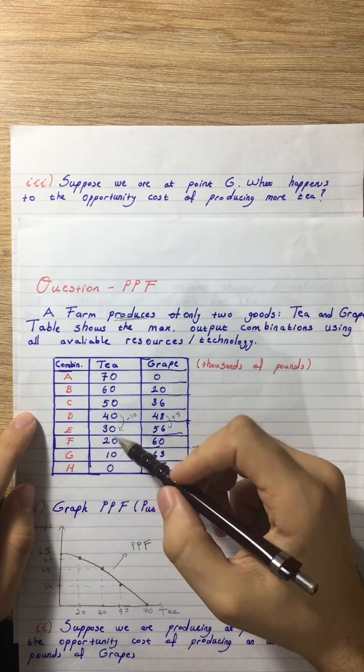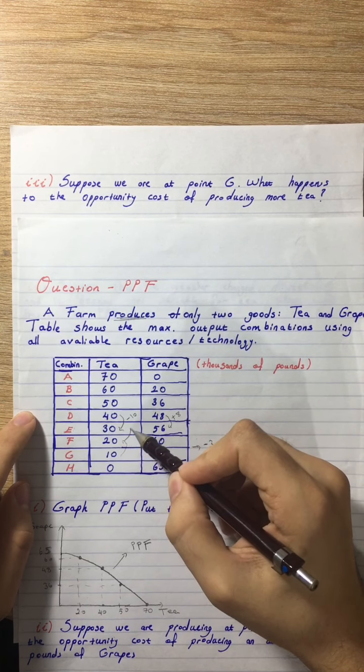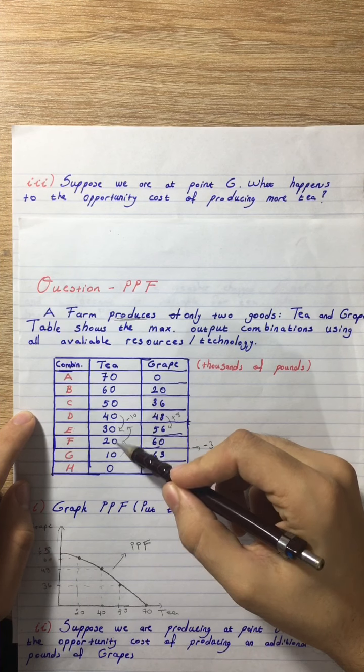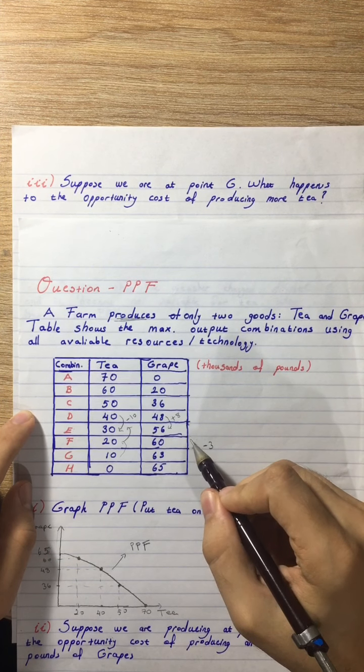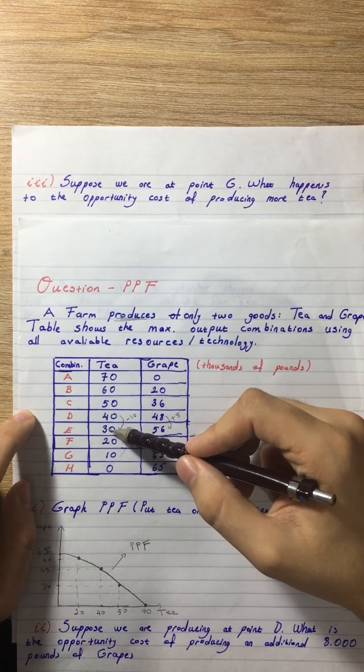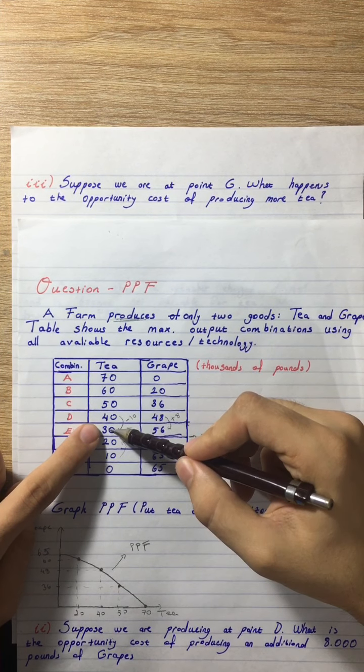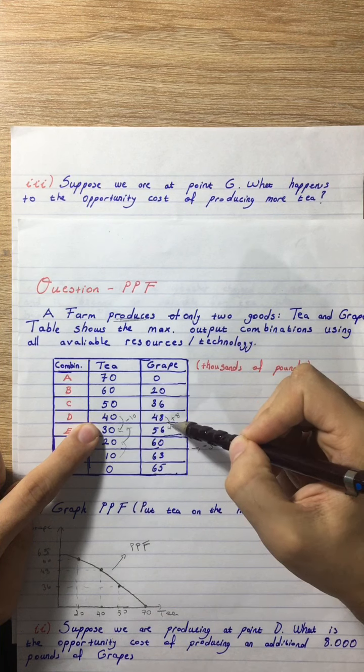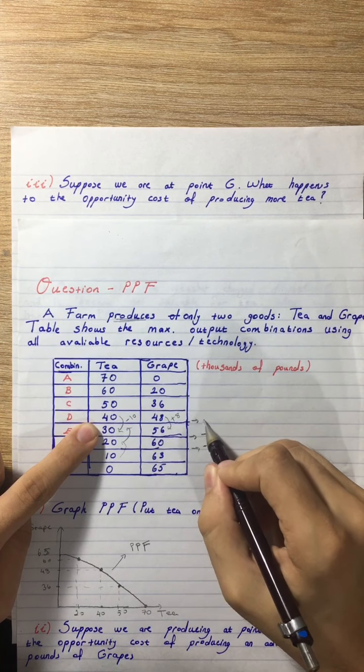And if we want to go from 20 to 30, we should give up 4 units of grapes. And if again we want to go from 30 to 40, we should give up 6 units of grapes.